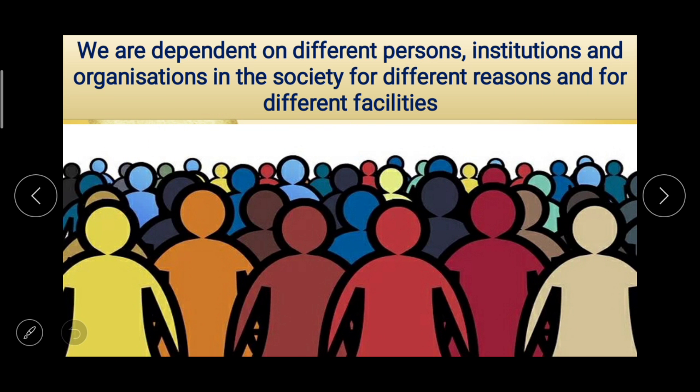We are dependent on different persons for many things. Institutions like school, hospitals, or any other institute and organizations. These organizations are at local level, at taluka or district level, but we are part of them, and we are directly or indirectly dependent on organizations and on different persons like our family members and teachers.